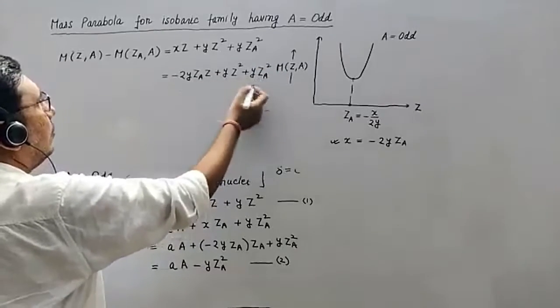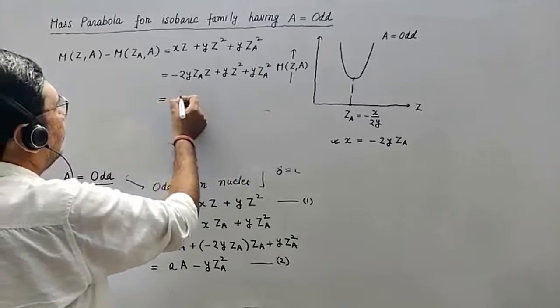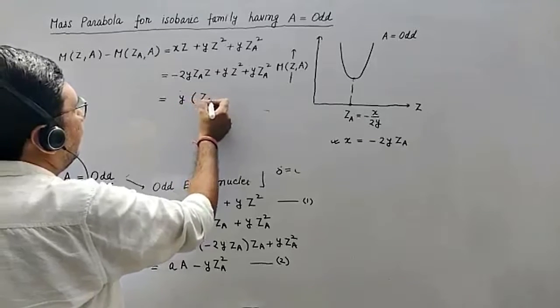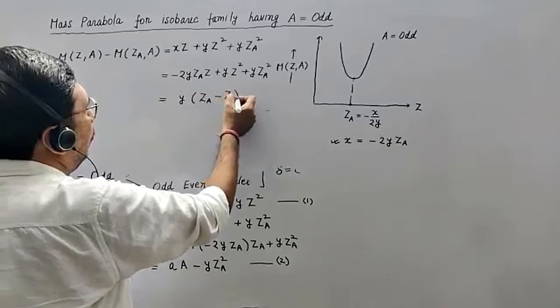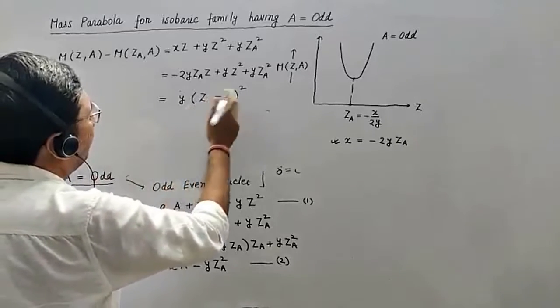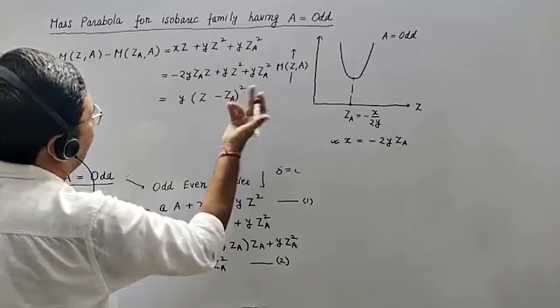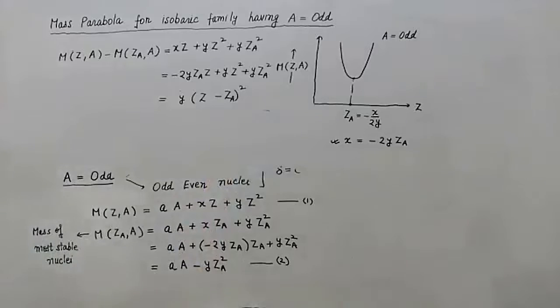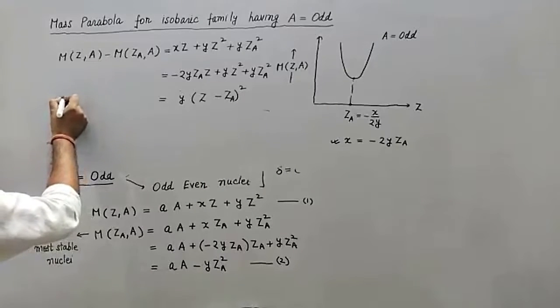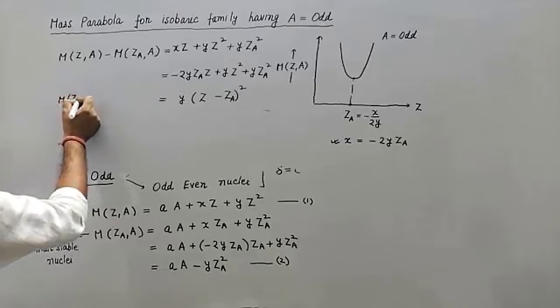When we combine all these three terms, we can write them as Y times (ZA minus Z) whole square, or you can also write it as (Z minus ZA) whole square, whatever you want.